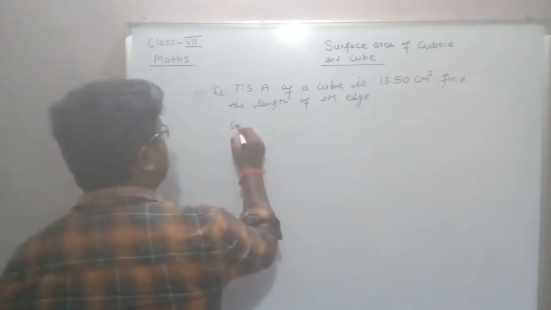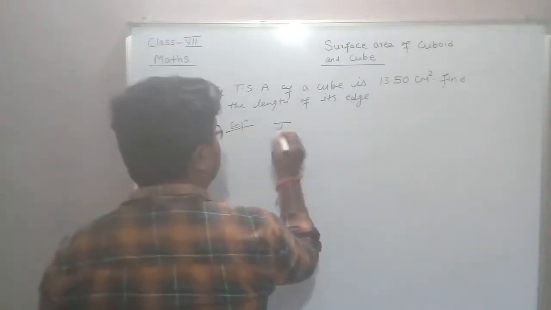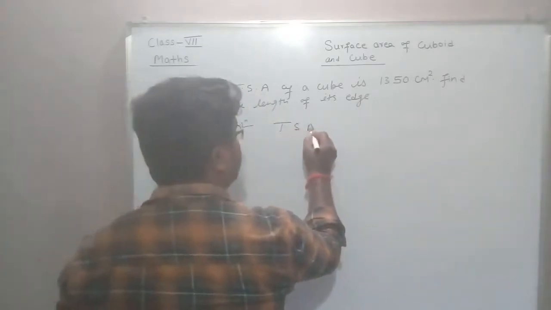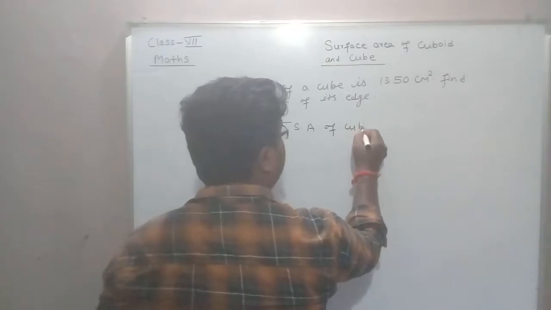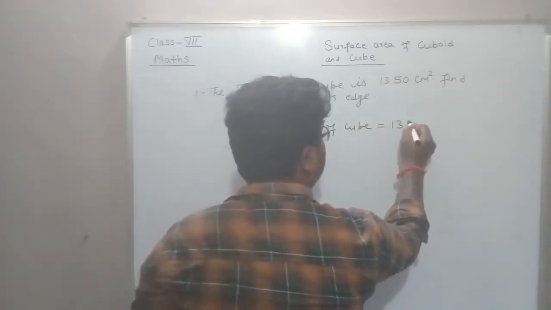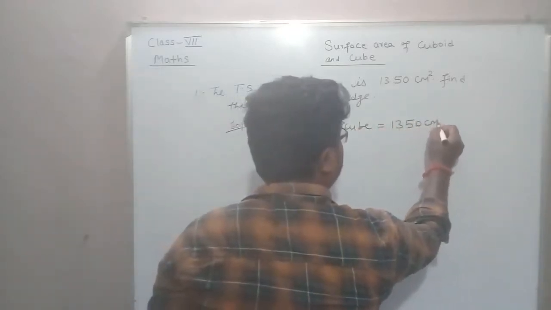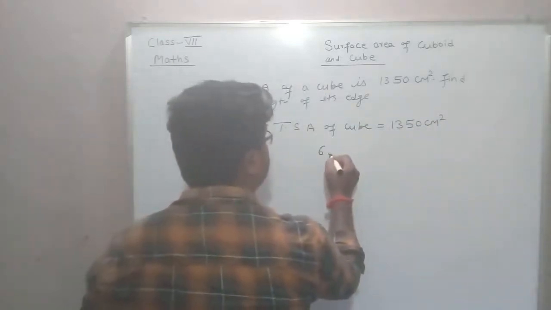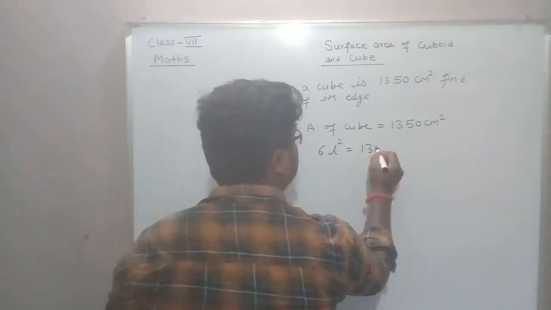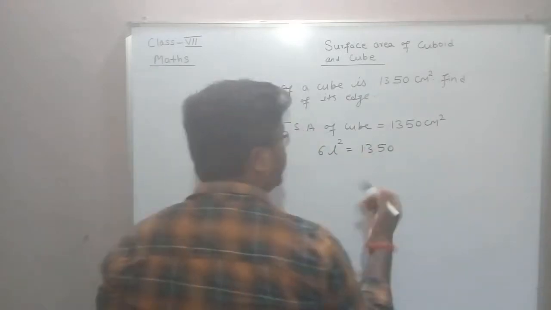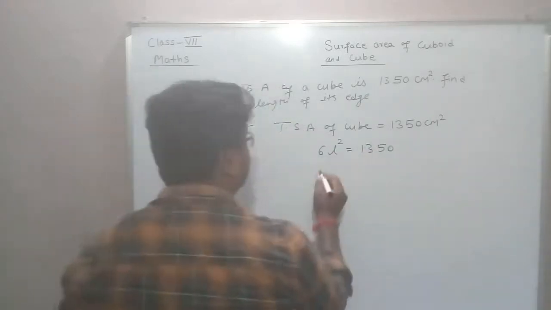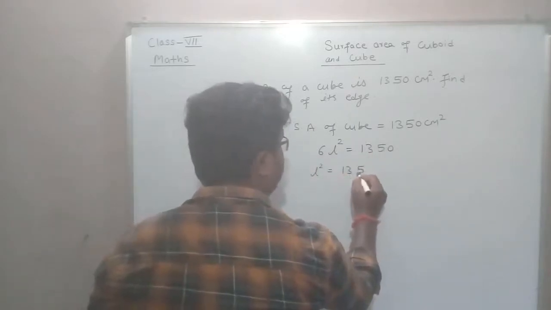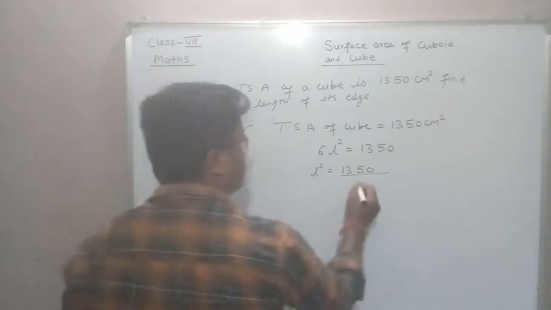Okay, so solution, what is given to us? Total surface area, T means total, S means surface, A means area. The total surface area of the cube is 1350 cm square. So we have the formula for total surface area, that is 6L square is equal to 1350. Unit I have left, at last we will write the unit. So 6 transfers to the right hand side, L square is equal to 1350 divided by 6.